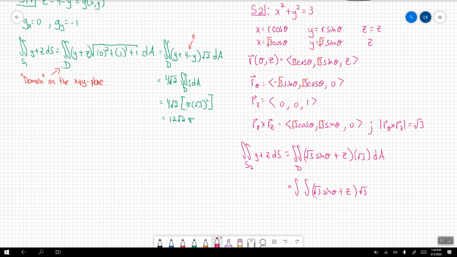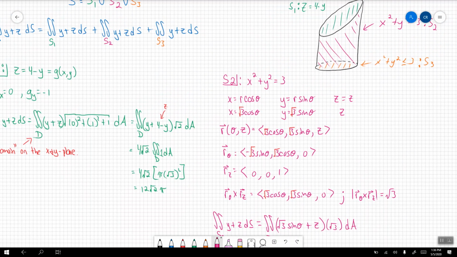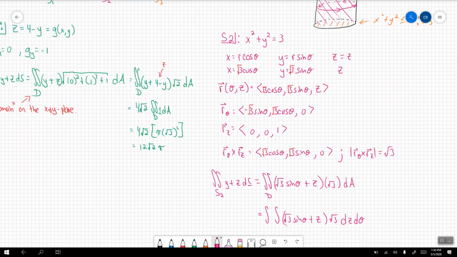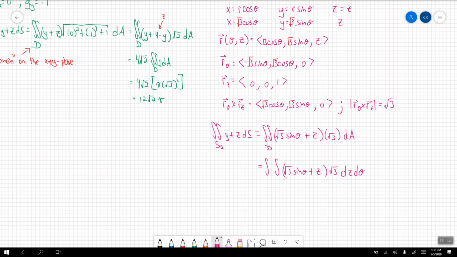So in this particular case, I'm going to go with dz, and then we'll go with d theta. Now theta, for this specific cylindrical surface, is going to traverse all the way around from start to finish, which means it's going from 0 to 2 pi. So theta here, 0 to 2 pi.